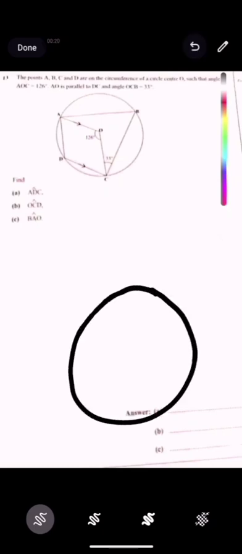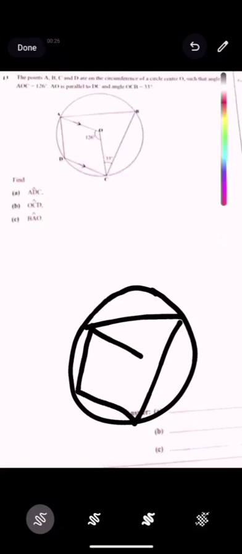Okay, so continuing with the revisions, question 13 now. I know it's not clear, but I hope you can see. So we have 126 degrees here and 33 degrees here. Okay, I wish I could draw it, but anyway, it's like this. Then we have this, this, this.